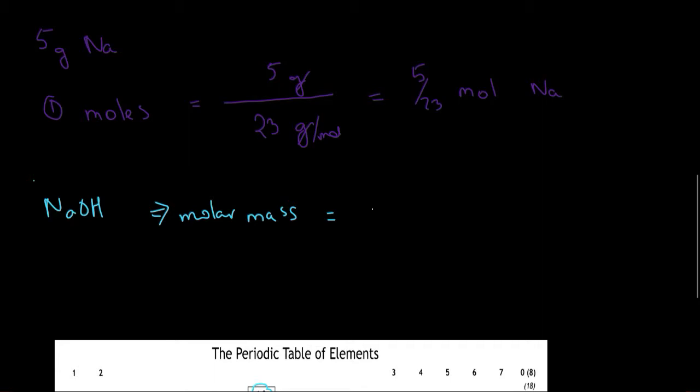So the molar mass of sodium hydroxide is going to be the molar mass of sodium, which is 23, plus the molar mass of oxygen, which is 16, plus the molar mass of hydrogen, which is 1.